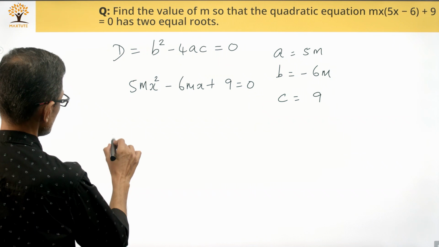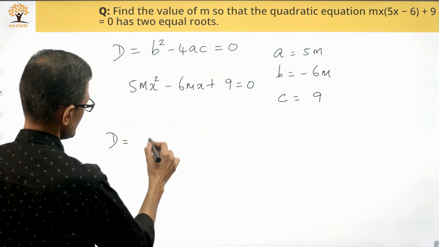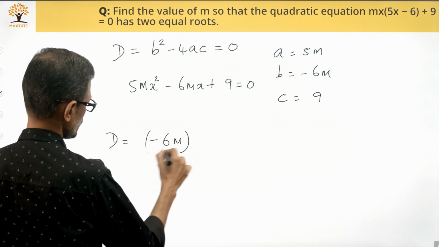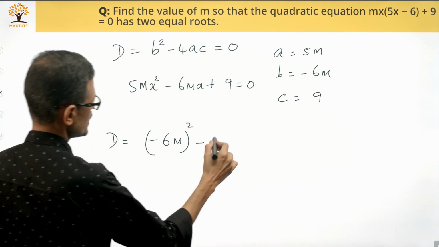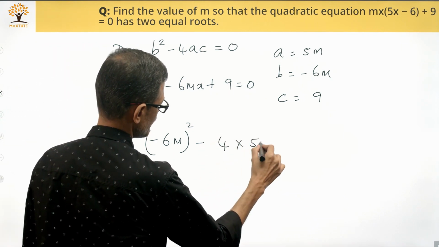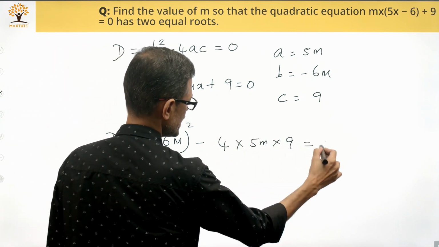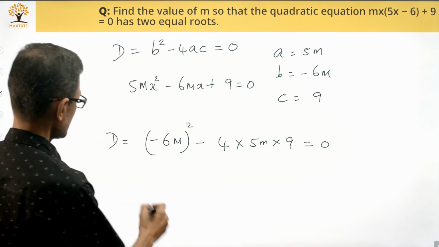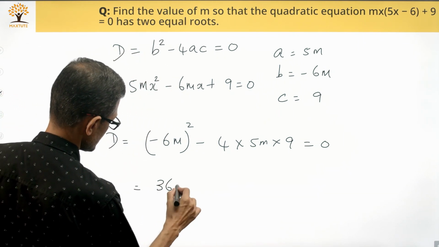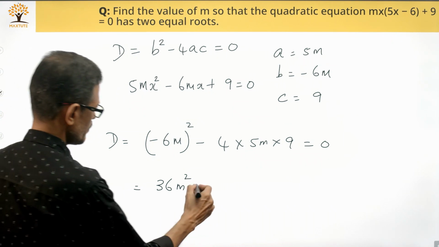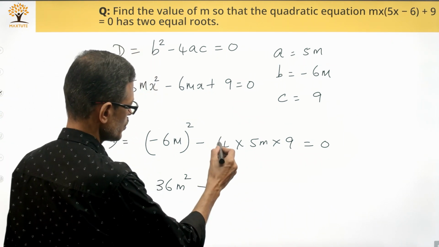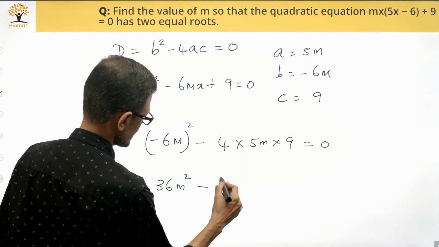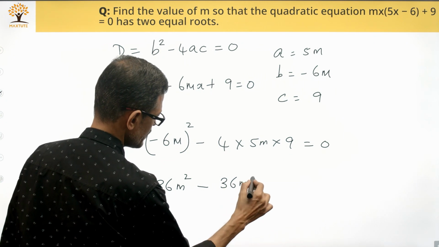So the discriminant therefore is going to be equal to B square, minus 6m the whole square, minus 4ac, 4 into 5m into 9, is equal to 0. So this part is equal to 36m square minus, I'll write all of them together, 36m into 5.